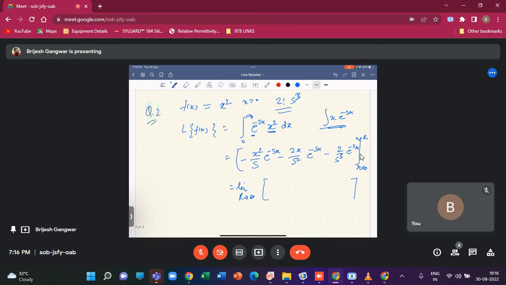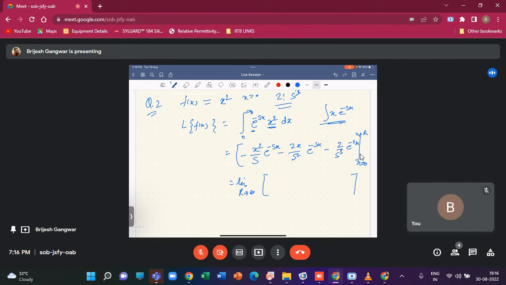At x equal to r, this will be r square upon s e to the power minus sr, minus 2r upon s square e to the power minus sr, minus 2 upon s cube e to the power minus s into r.